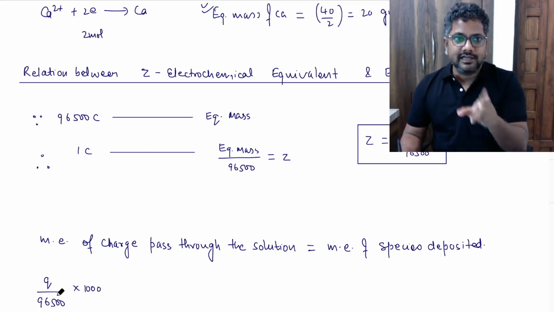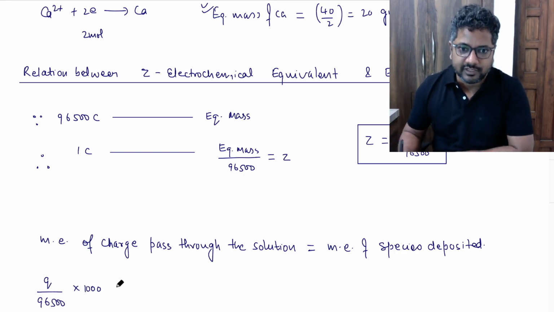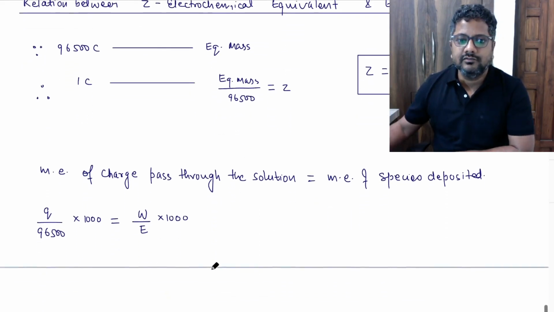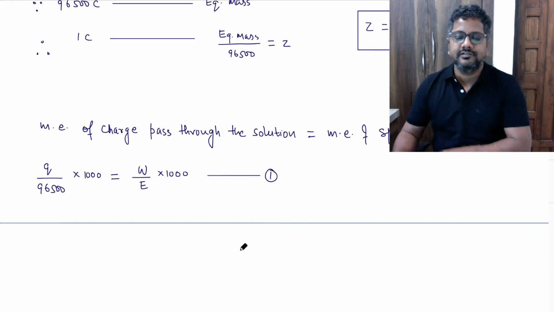If current and time are given, then you can replace Q with I into T. This is equal to W by E into 1000. So this is the master formula, right?